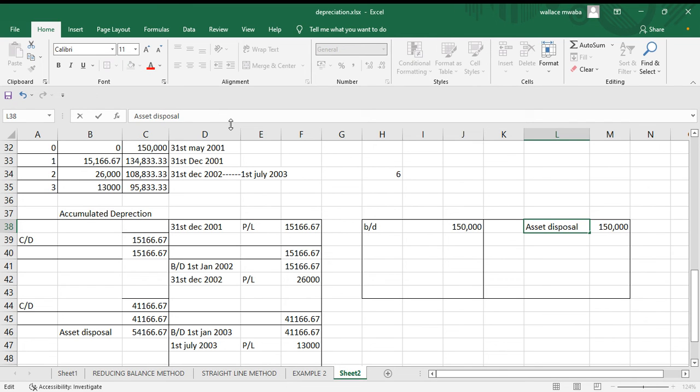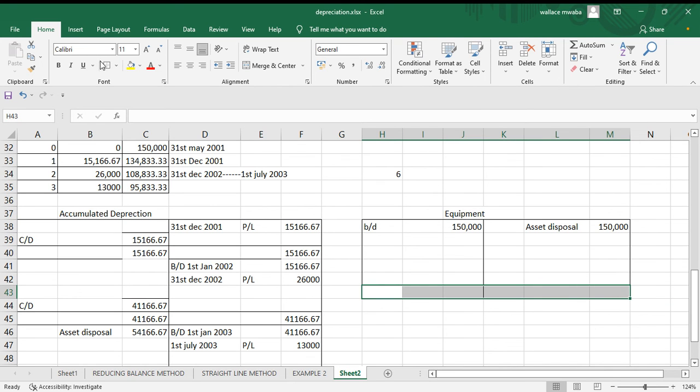This is our equipment account. Okay, so we close off our equipment account. Just write 150,000 in both debit and credit sides. Okay, so we've closed our equipment account.